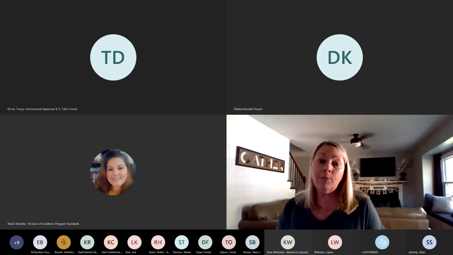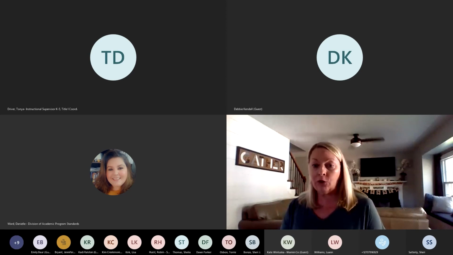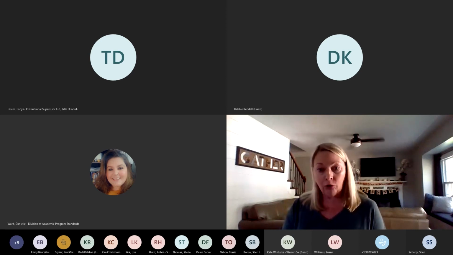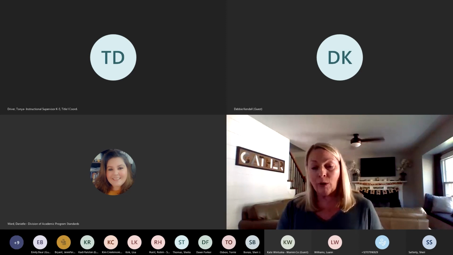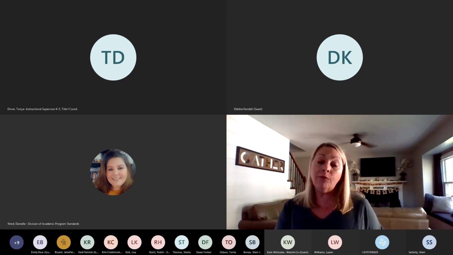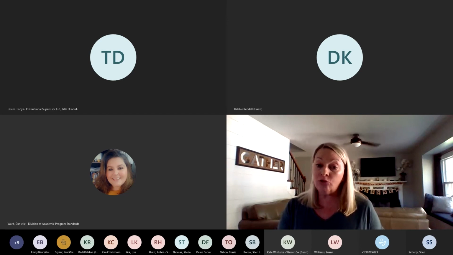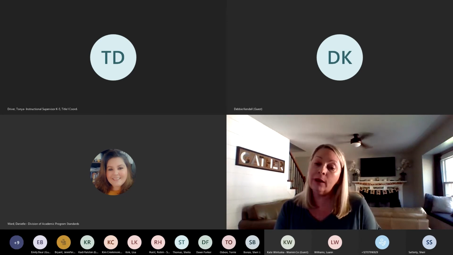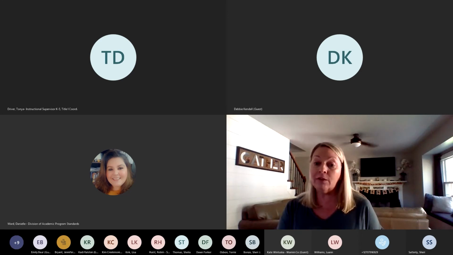Also keep in mind that in this grant, if you have someone who you're going to hire to be a grant director for your district, if they are also a coach, acting like a coach and supporting through coaching activities, you can pay 50% of their salary, and 50% of their time has to be spent on grant activities.